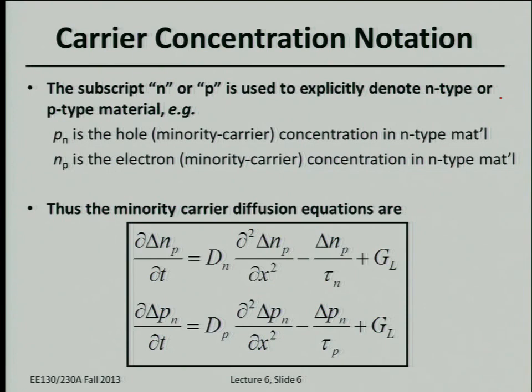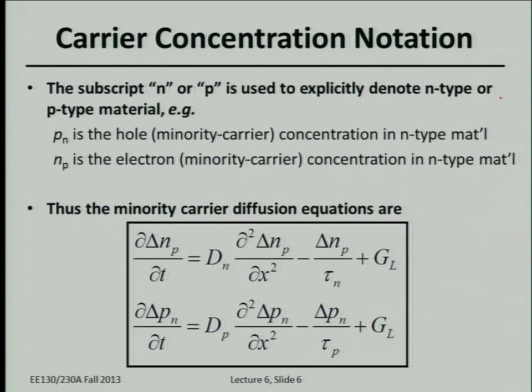So we do that with a subscript. The subscript p means that it's the P-type material, and the subscript n means that we're talking about an N-type material. So p sub n means hole concentration in N-type material. So that's the minority carrier concentration in N-type material. And n sub p is just opposite, electron concentration in P-type material. So that's the designation for minority carrier concentration in N-type and P-type material.